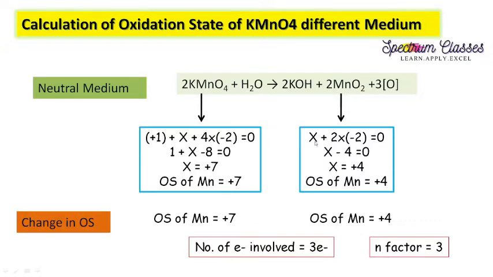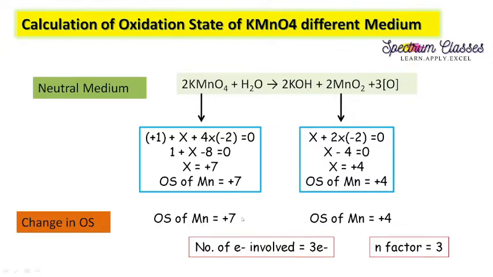Mn has X oxidation state, plus we have 2 as a subscript, so 2 times oxygen, which has -2, and since this molecule is neutral, it equals 0. On solving, X becomes 4. So the change in oxidation state of Mn in neutral medium is +7 to +4.